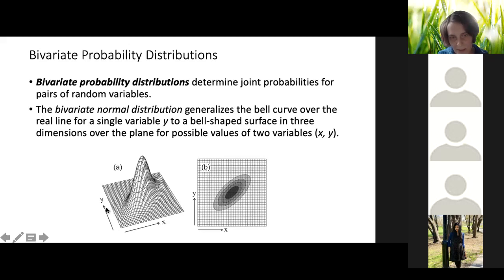Then you see what is the probability distribution of height for this particular weight. So this is basically, for all dogs that weigh 20 pounds, what is the probability distribution of their heights.